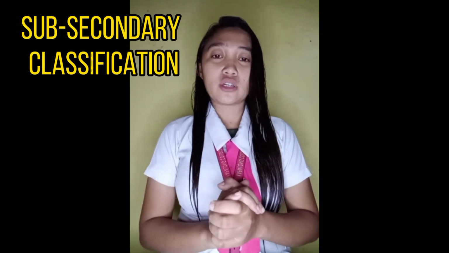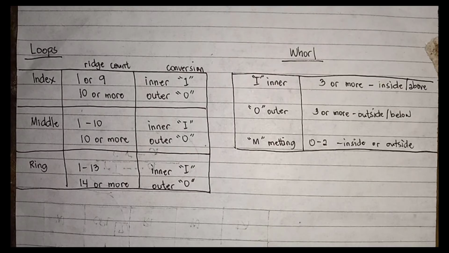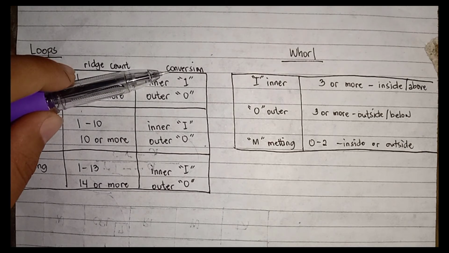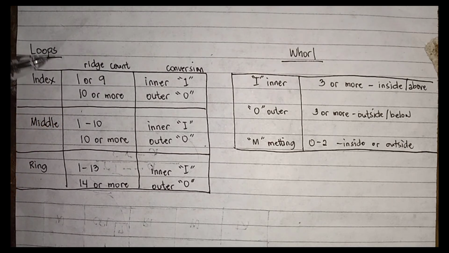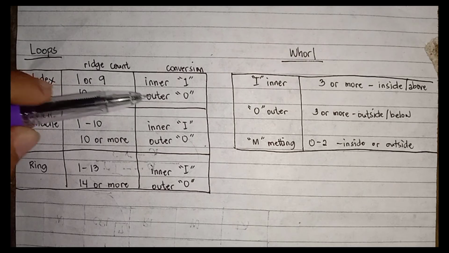Sub-secondary classification. In this classification, it is focused on the index, middle, and ring fingers. In loops, in the index, if the ridge count is 1 to 9, the conversion is inner. If the ridge count is 10 or more, the conversion is outer.